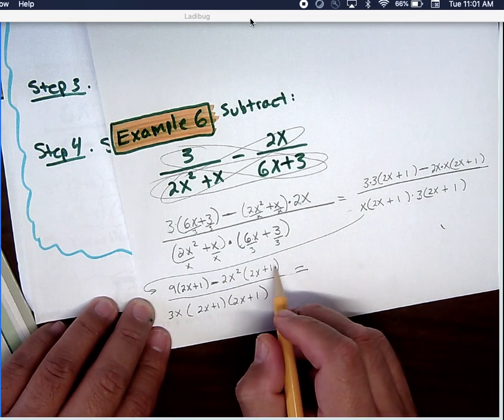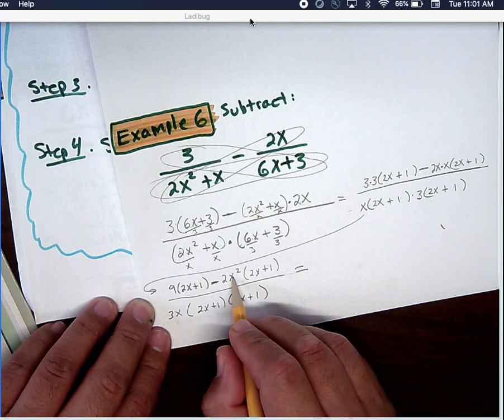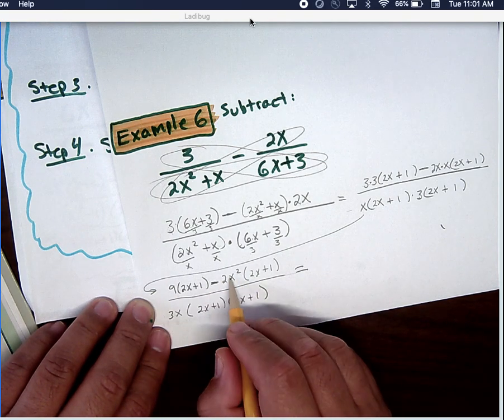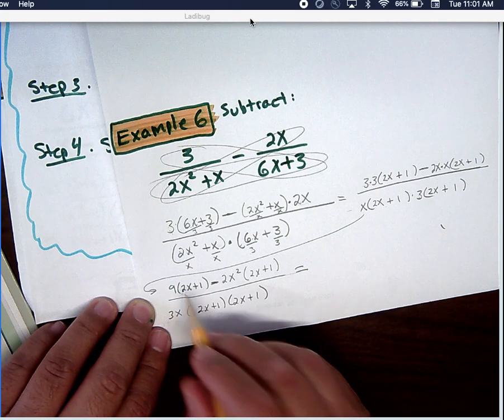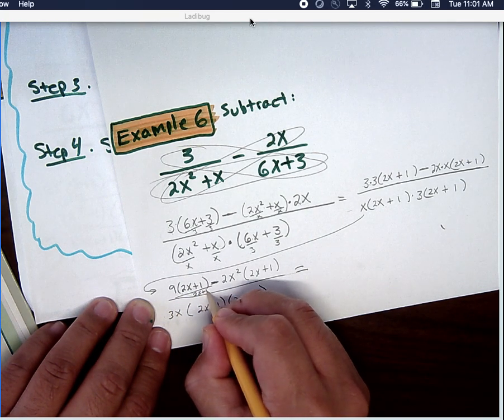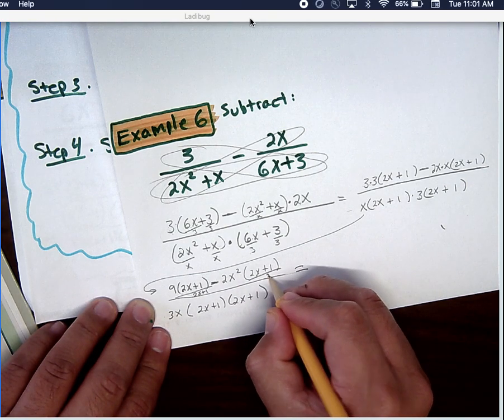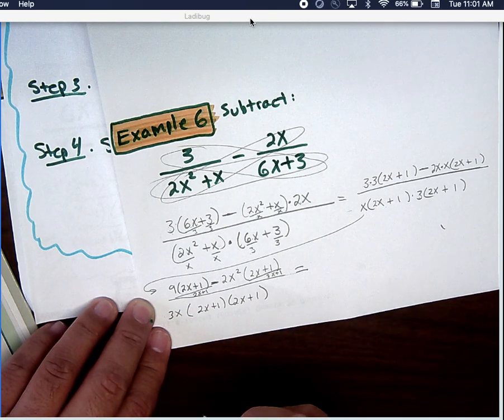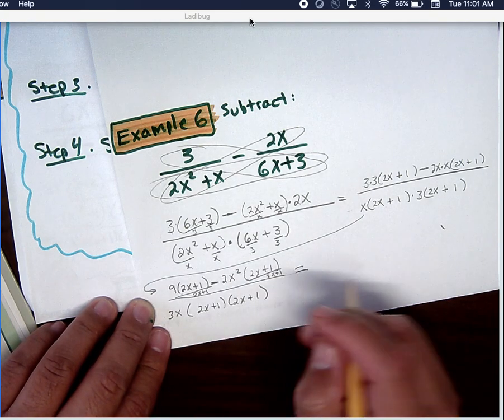So I was going to add, but this one we can't. So I'm going to GCF. Actually, this one we're going to have to GCF 2x plus 1. You notice they both have the same one, 2x plus 1. I thought we could combine it like that one, but we can't.